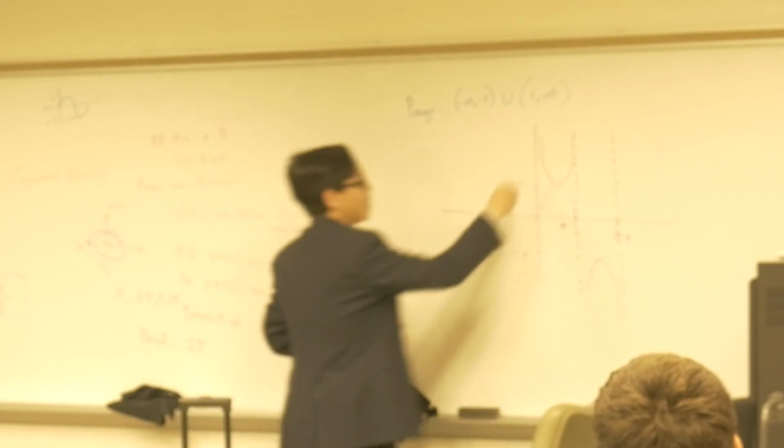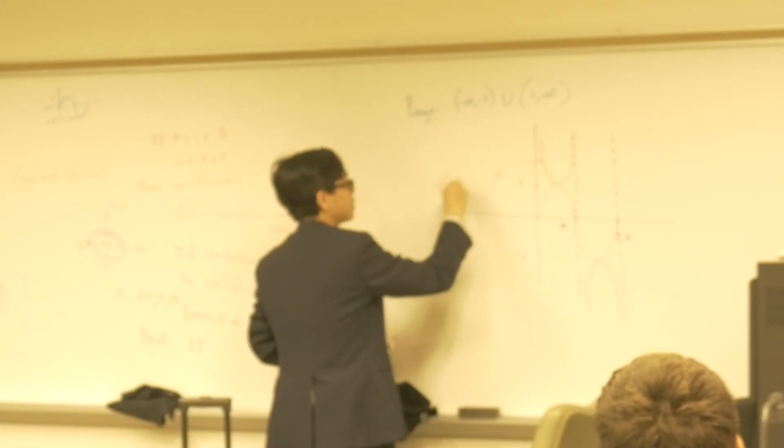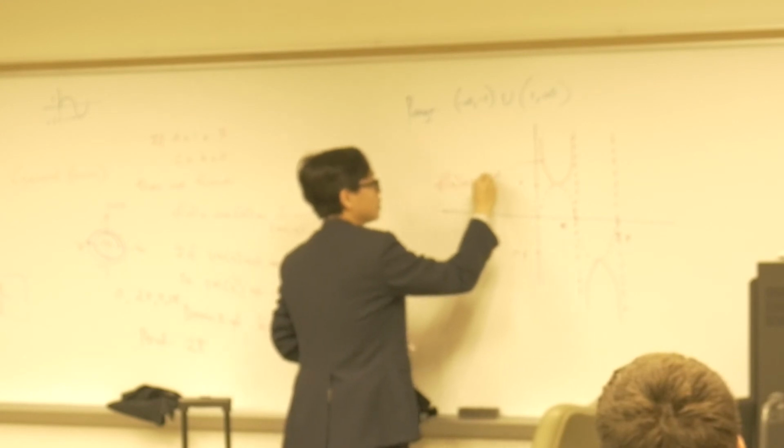If it's the basic one, this is the graph of the cosecant, and the period is still 2 pi. The graph of the secant, the period is still 2 pi. But if I give you something like this, the period will be different right now. All right?